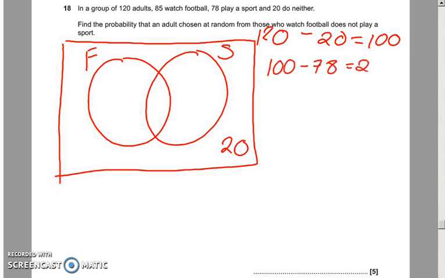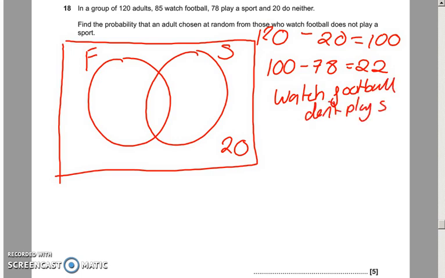The answer is 22. Now how does that help us? That helps us determine how many people watch football but don't play a sport.